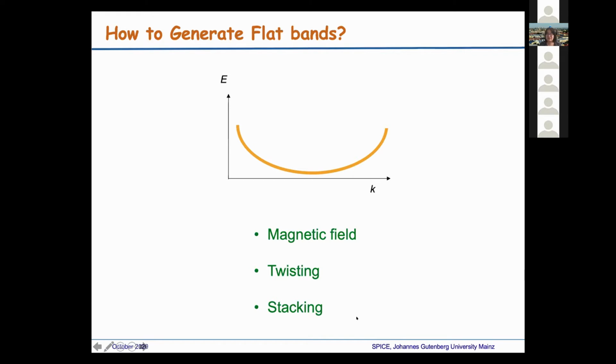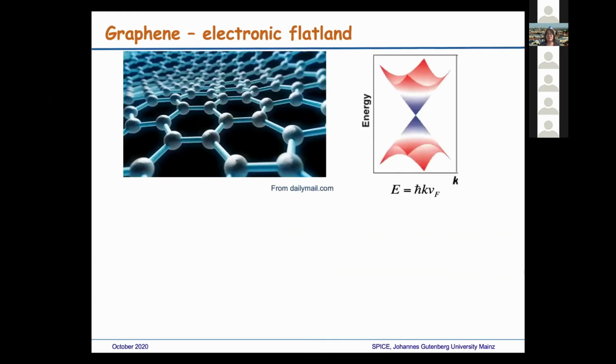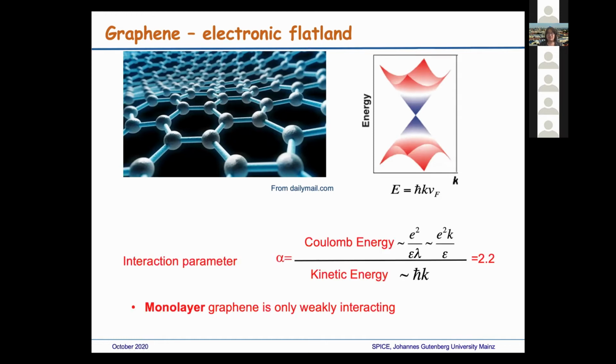The first technique is, of course, just to use the magnetic field. For example, in graphene, we know that the band structure has this massless Dirac fermion dispersion, so it's really not flat at all. It's very pointy. Working through the algebra, the interaction parameter is about 2, so it's not that strongly interacting.